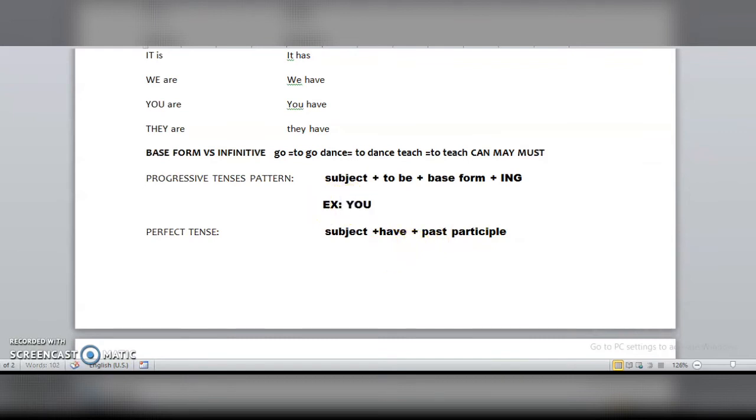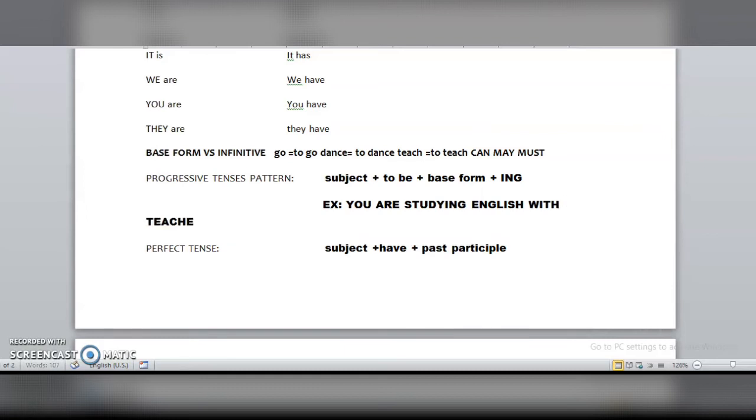After you, to be, you are, and base form, to study, study. So I say study, plus ing. So I get the progressive tenses. This is the present progressive. You are studying. For example, you are studying English with teacher Colas.